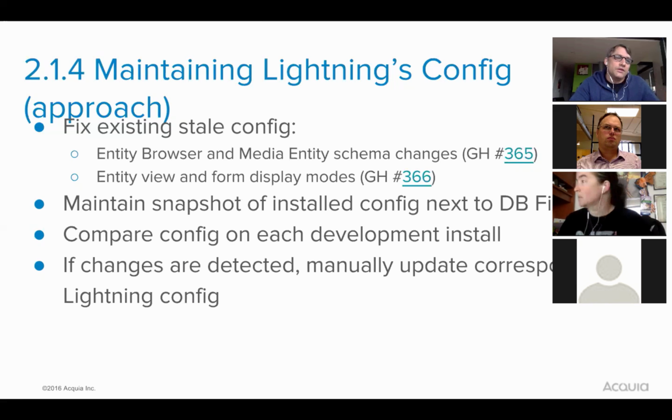If and when there is a change to that config, we'll have to manually correlate that to the active config, or the config that's actually used during install over in Lightning itself, and manually make those changes. But anytime there's ever a change to any of this config, it'll show up now in our Git commits, and we'll have to manually correlate that and fix it. So we should be able to stay out in front of any config changes going forward.